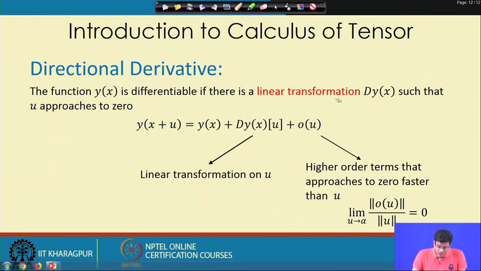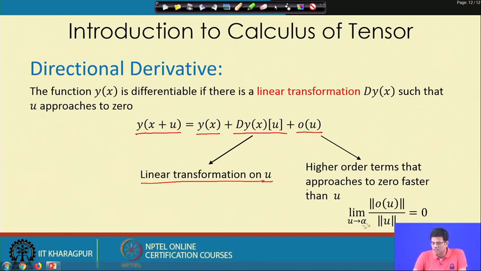Let us expand y(x+u). This is nothing but the basic differentiation formula, or you can obtain it from the Taylor series formula also. The quantity I am talking about is the linear transformation Dy(x), which acts on u. Now, these are the higher order terms which approach 0, right. Now, what does this mean?